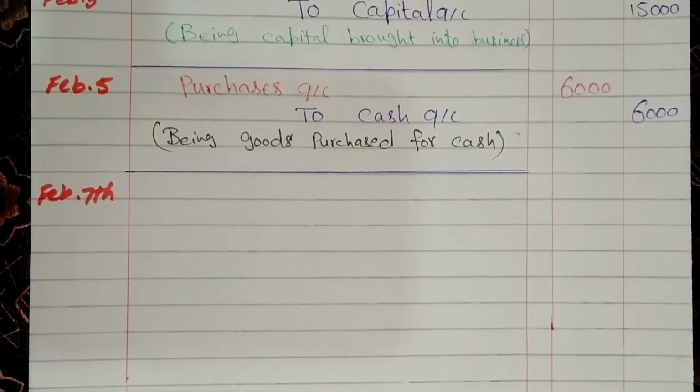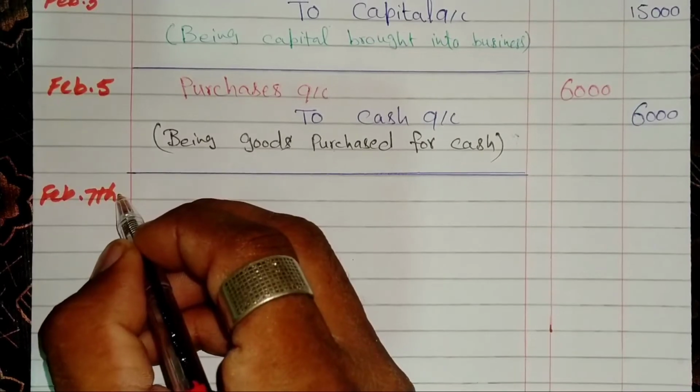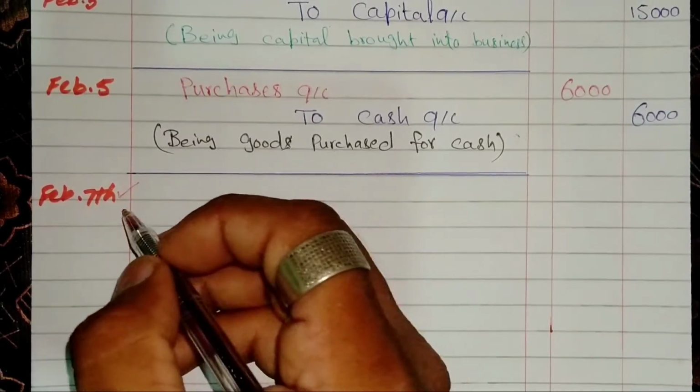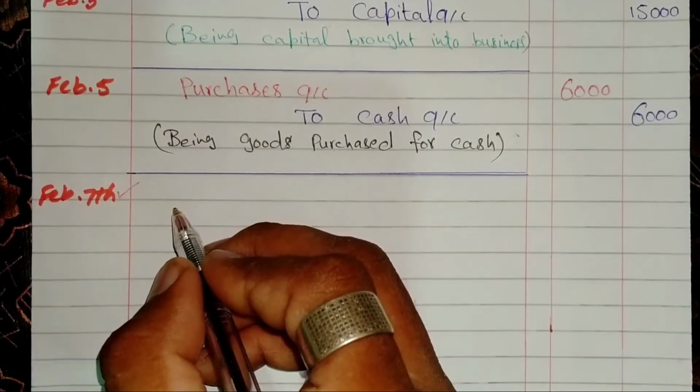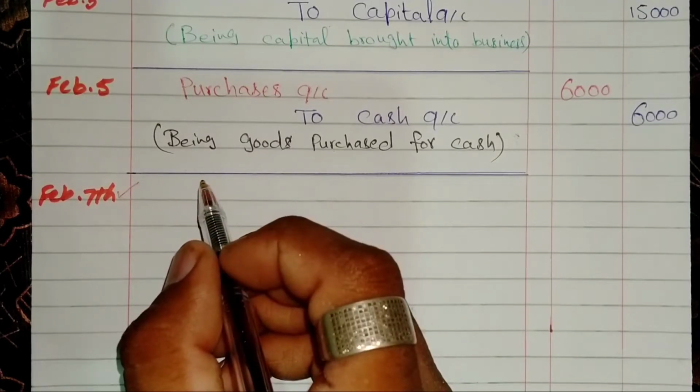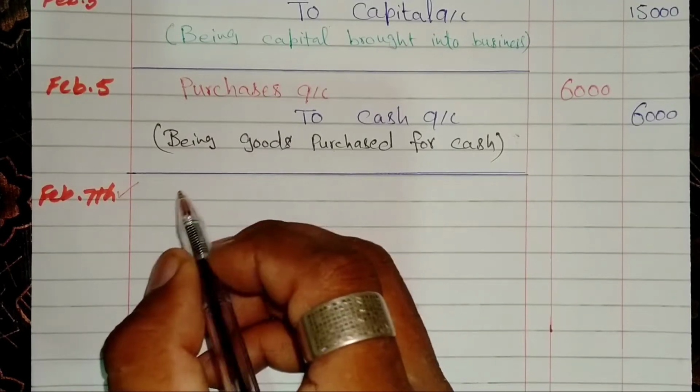Welcome back toward the solution of 7th February. The entry was purchased goods on credit from Server and Company amounted $3,000.